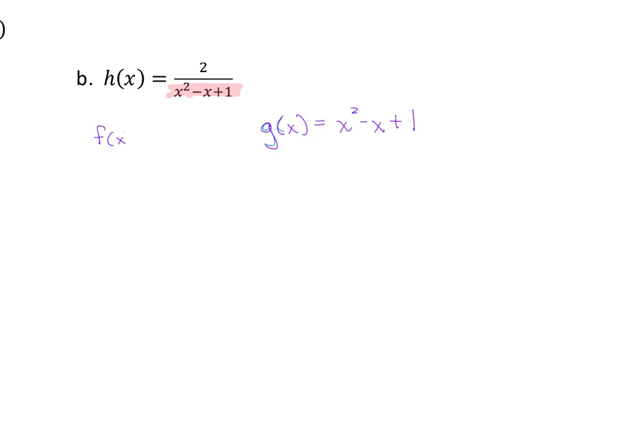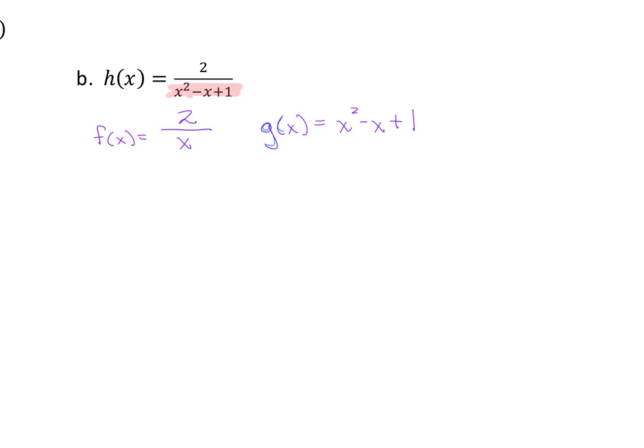To get h of x, we are plugging it into the denominator, so f of x is equal to 2 over x. Again, there are other options for this, but this is the one that stands out to me the most.